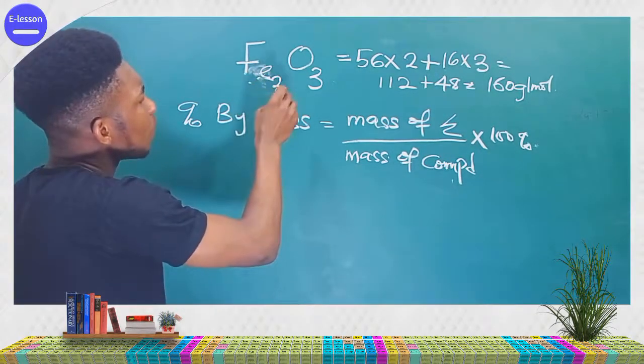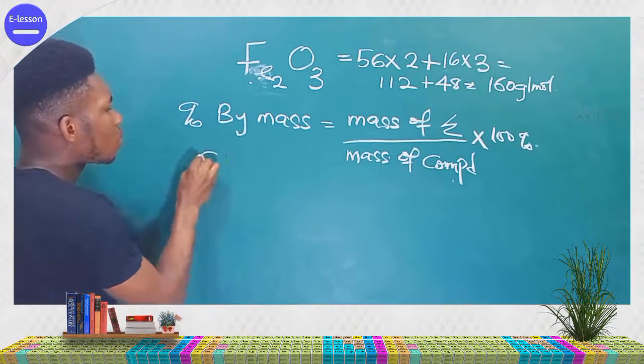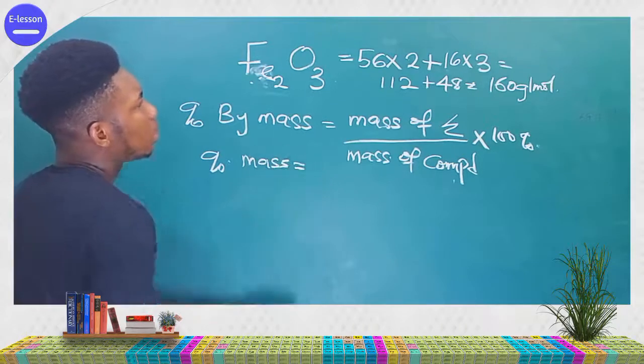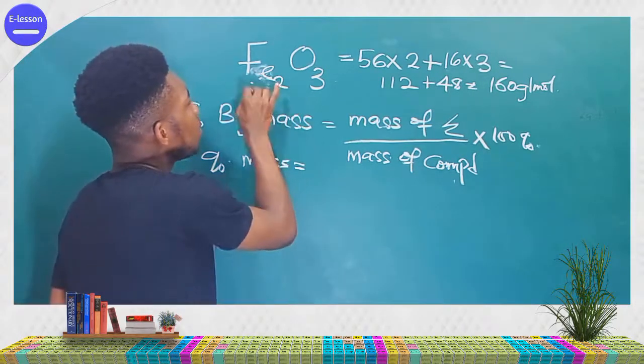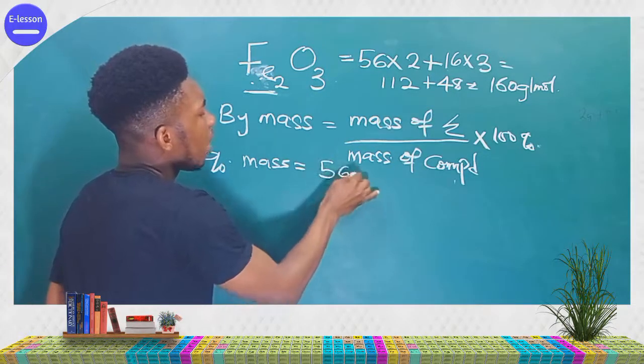Now, how many atoms of iron do we have there? 2. So to calculate the percentage by mass, we say percentage mass is equal to the mass of the element. The mass of iron in this compound is 56.